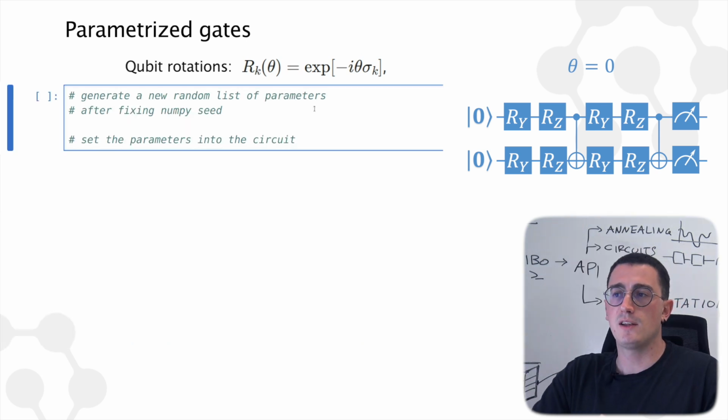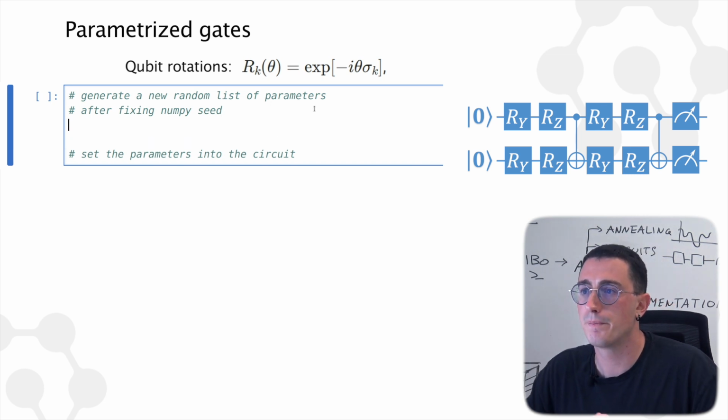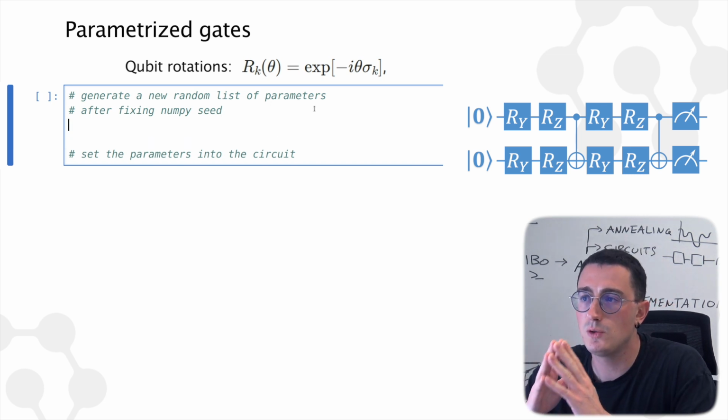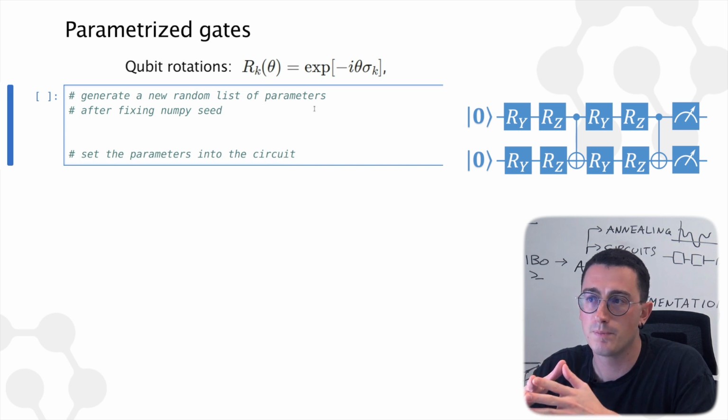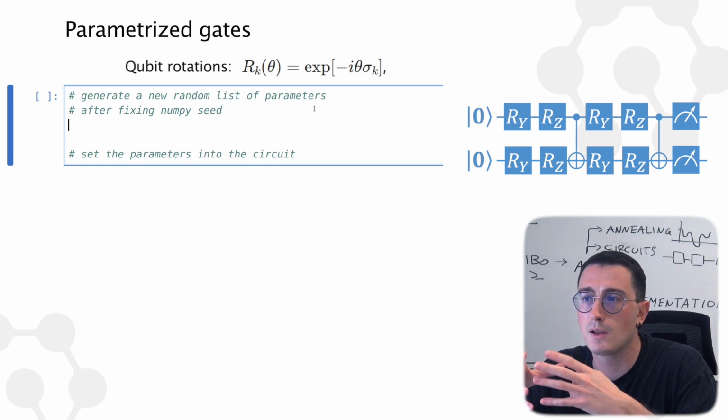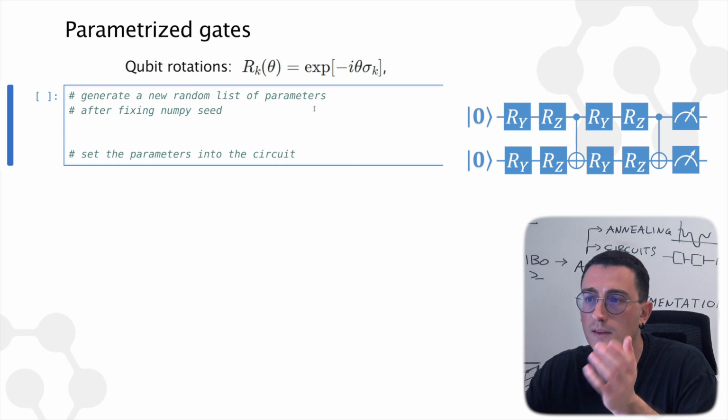So now what we can do is to exploit the NumPy package we imported at the beginning of the lecture in order to generate a new set of angles randomly that we are going then to inject into the circuit in order to manipulate the quantum state with this new random set of gates.